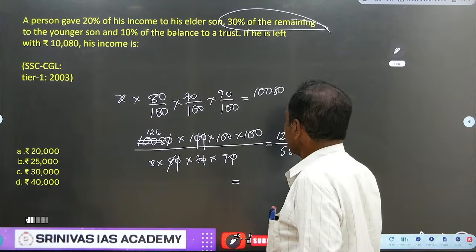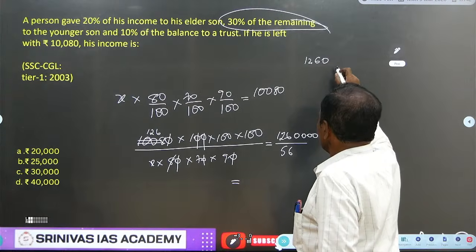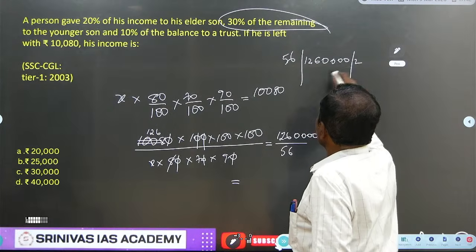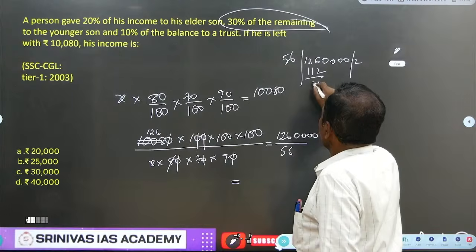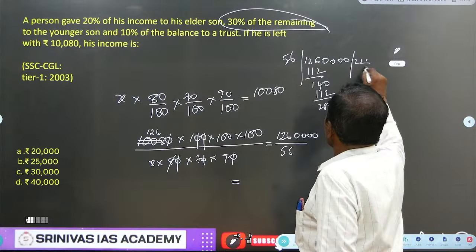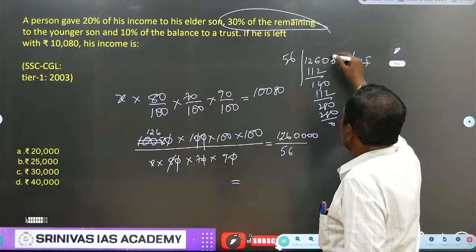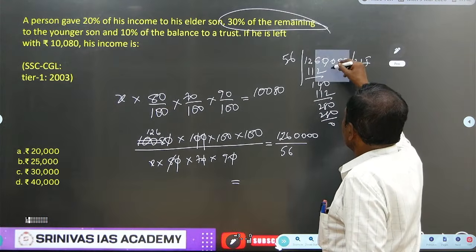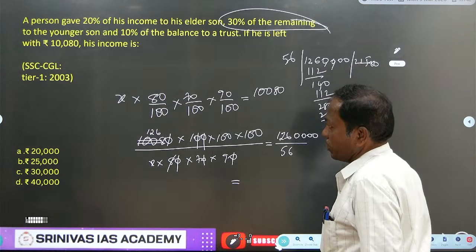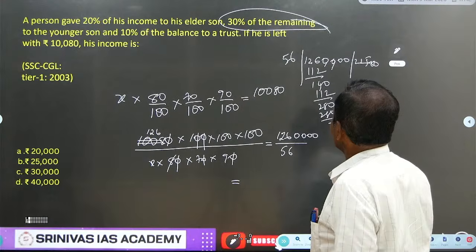How much will it come? 56 twos are 112. This 0 we have taken. This 0 we have taken. How many zeros are there? 22,500.